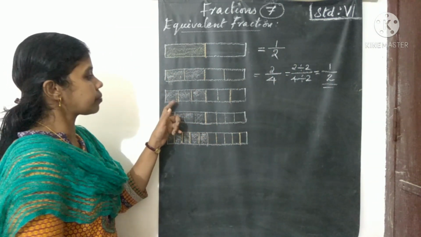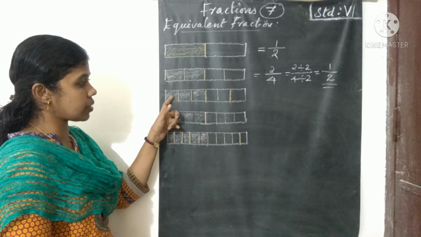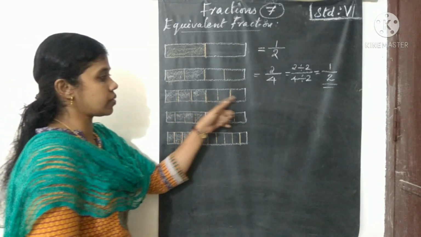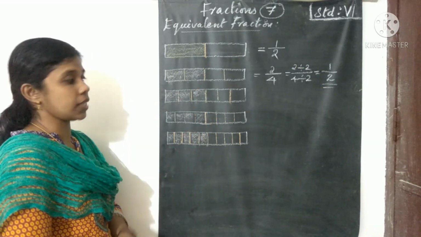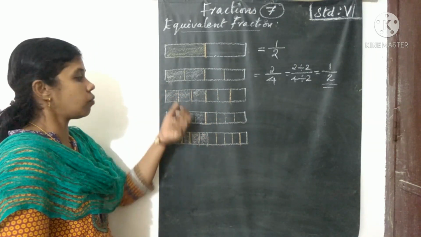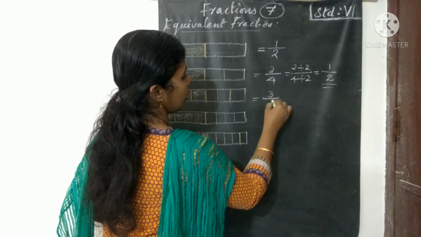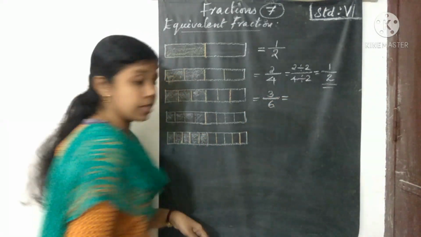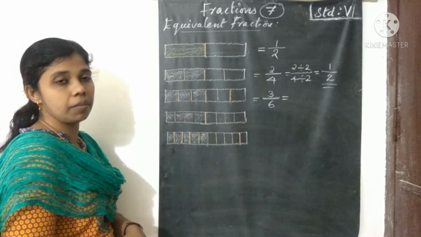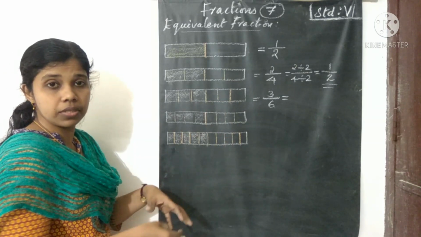The next, what is the total number of parts? 1, 2, 3, 4, 5, 6. So the denominator is 6. How many parts are taken? 1, 2, 3. So that fraction is 3 by 6. What is the simplest form of 3 by 6? How can we find the simplest form?